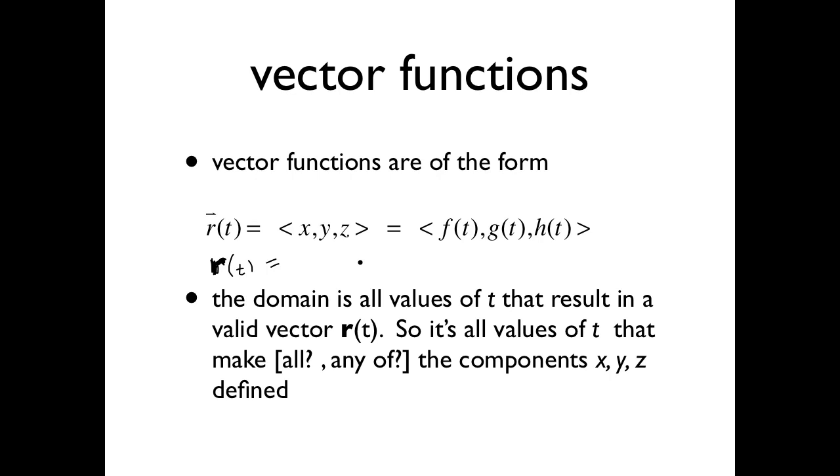What kind of thing is t? Is it a free variable? Is it a vector or a scalar? Scalar. It's just a number. It's a real number. Okay, so our independent variable in this type of vector function is a real number, t.